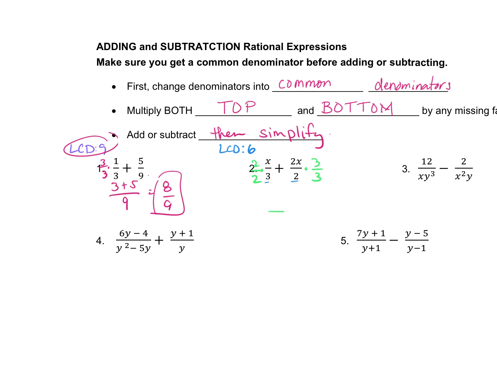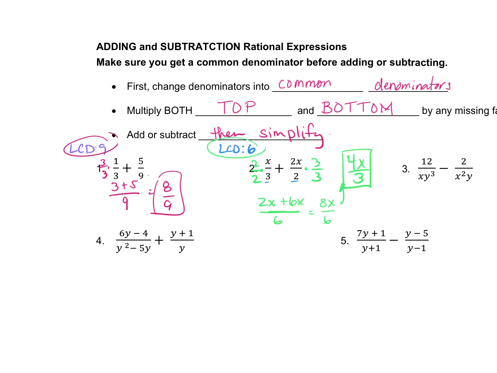So on the bottom I have a 6. On the top here I have 2x plus 6x. And that's going to give me an 8x over 6. And then when I reduce that fraction, I wind up with 4x divided by 3.